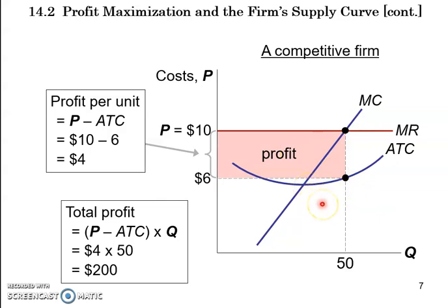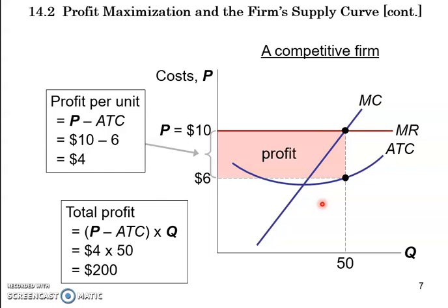Again, the goal of these firms is to maximize their profit. They're not trying to minimize their cost. Our common sense often tells us these two are the same thing, or the two sides of the same coin. If you minimize your cost, you are maximizing your profit. That is not true.